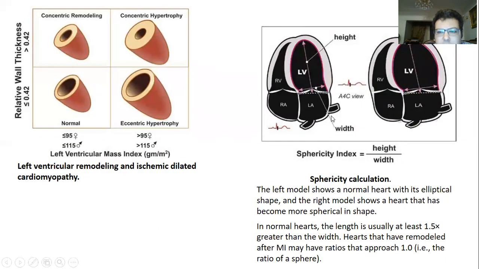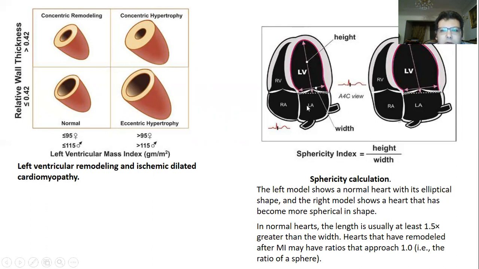This is the sphericity index, measured by the height divided by the width. The height is measured along the longitudinal axis from the plane of the mitral annulus to the left ventricular apex. The width is measured at the basal part.